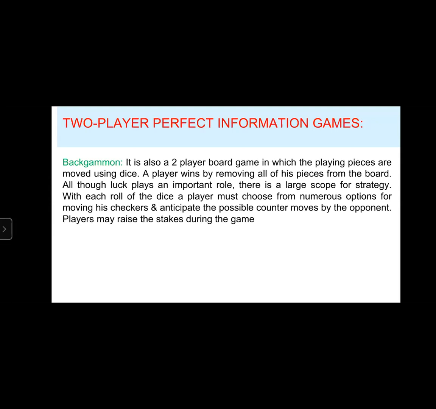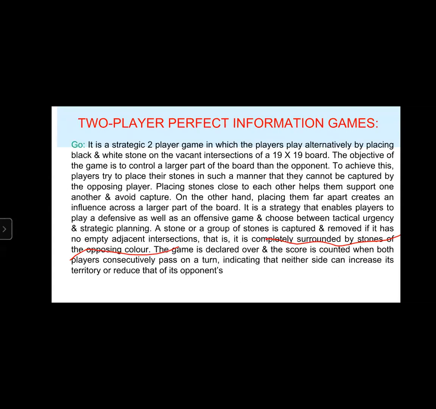With each roll of the dice, a player must choose from numerous options for moving his checkers and anticipate the possible counter moves by the opponent. Here, the players may raise the stakes during the game. These are the two-player perfect information games, very, very important.